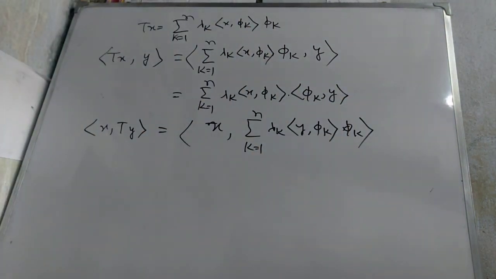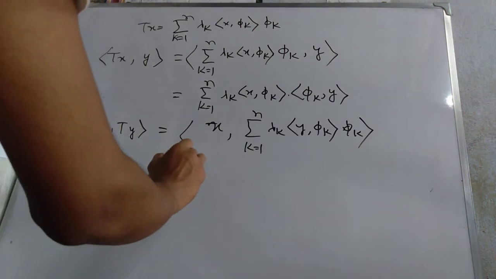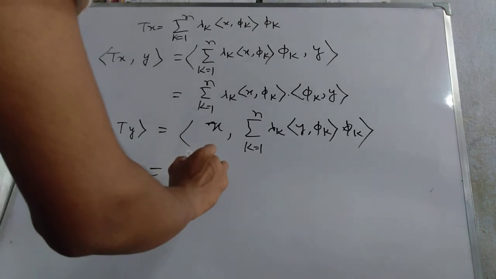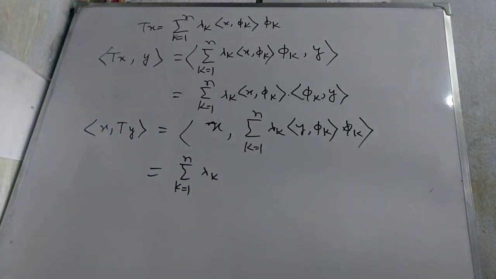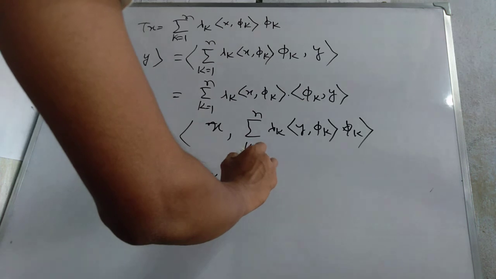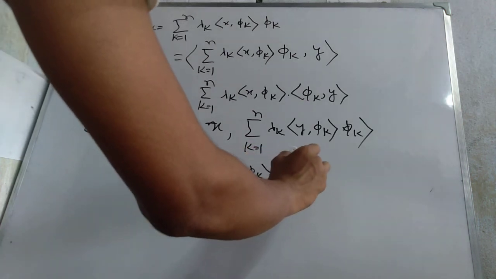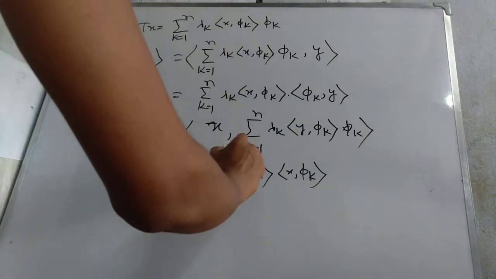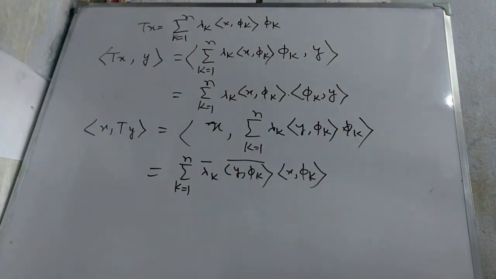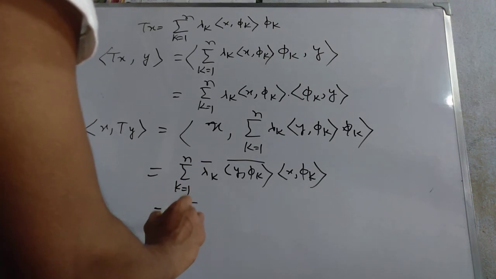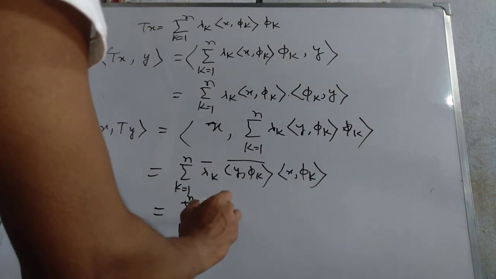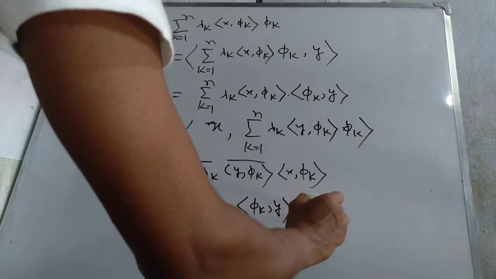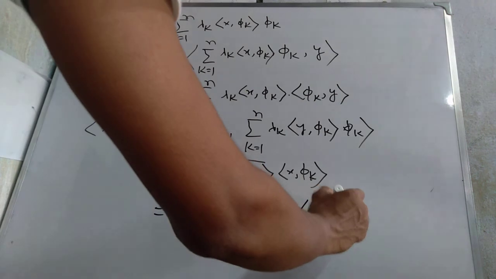Then this equals summation k equal to 1 to n lambda k, inner product of y with phi k and inner product of x with phi k. Then this equals summation k equal to 1 to n lambda k, inner product of phi k with y, times inner product of x with phi k.